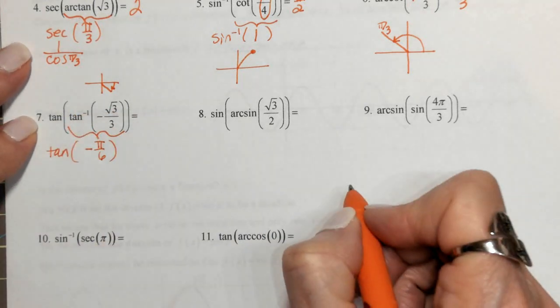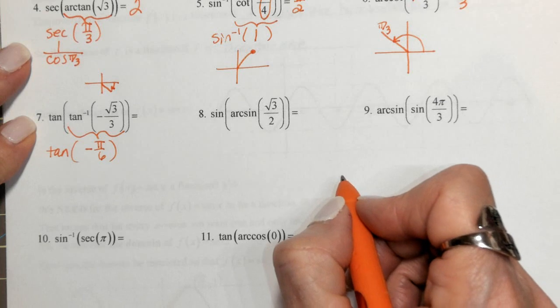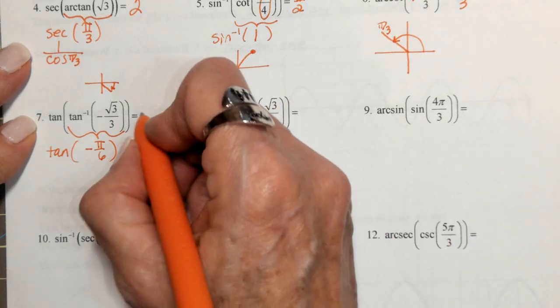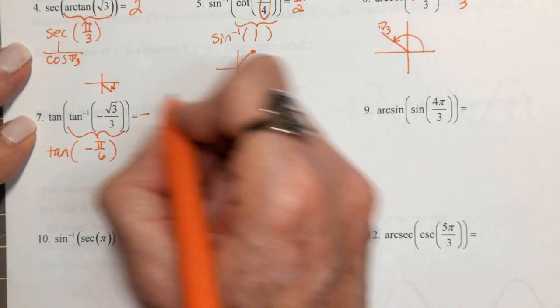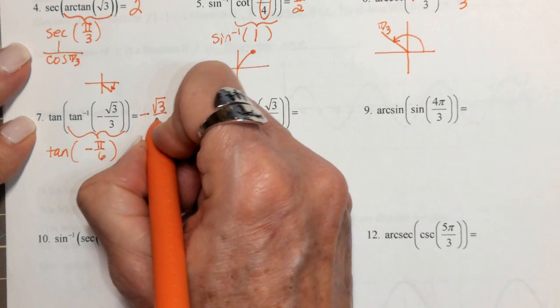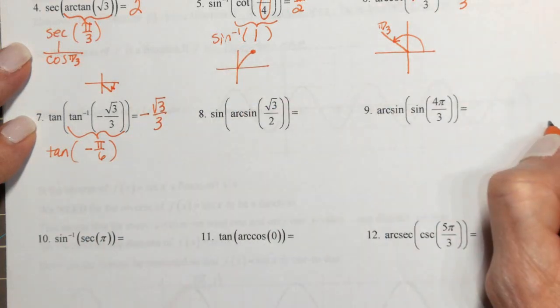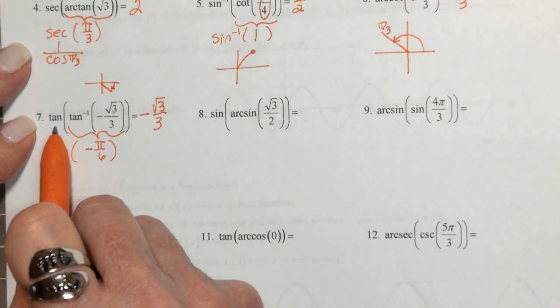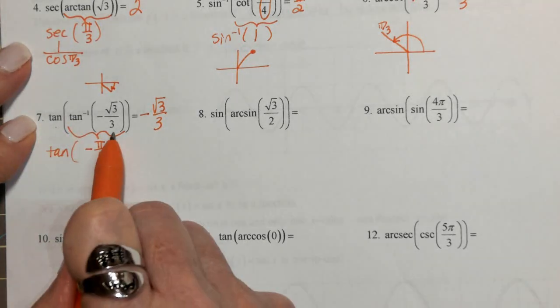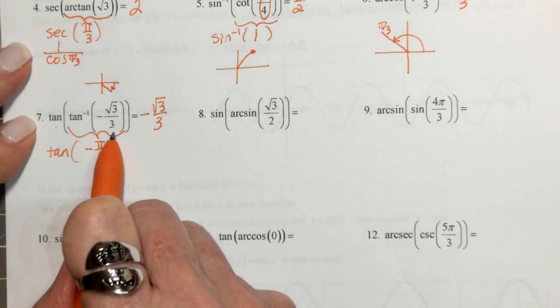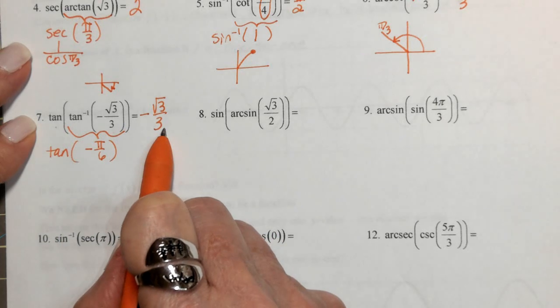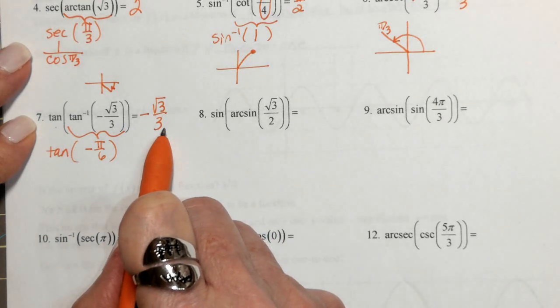What is tangent of a negative pi over 6? Well, we're in quadrant 4, where tangent is negative, and it's a pi over 6, so it is negative square root 3 over 3. Tangent of inverse tangent of negative square root 3 over 3 is negative square root 3 over 3. That shouldn't be very surprising to you.